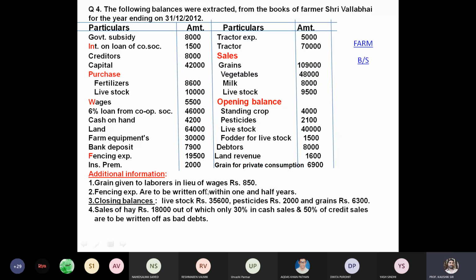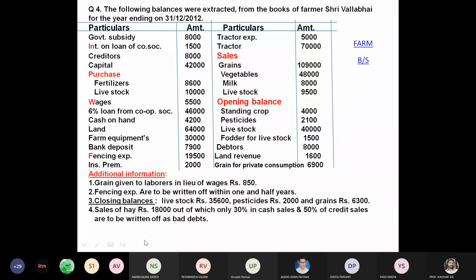As wages, we will debit the farm account rupees 850, and 850 will be added in the wages 5,500. So effect number 1 completed.